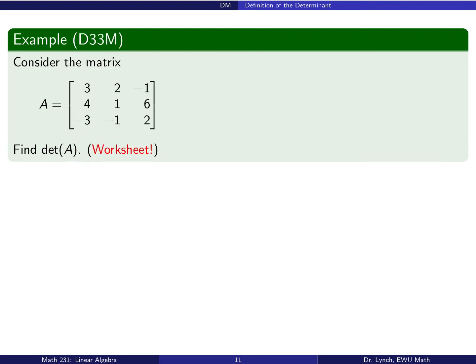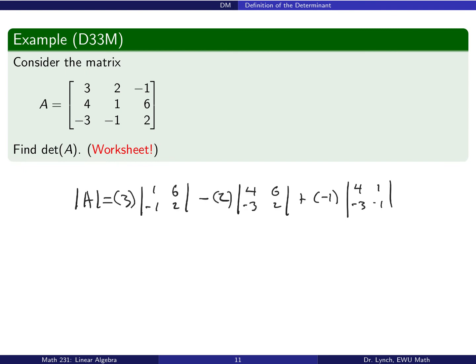So here's an example for you to check out. Go ahead and compute the determinant of this matrix. I'll get you started, again, with the definition of the determinant. Here we see the expansion along the first row.